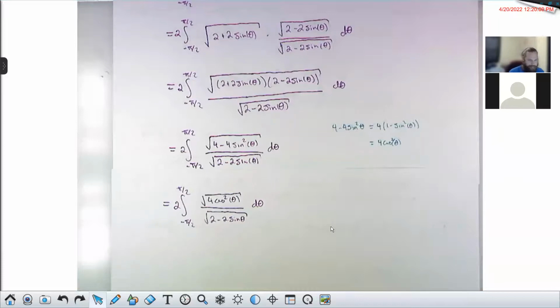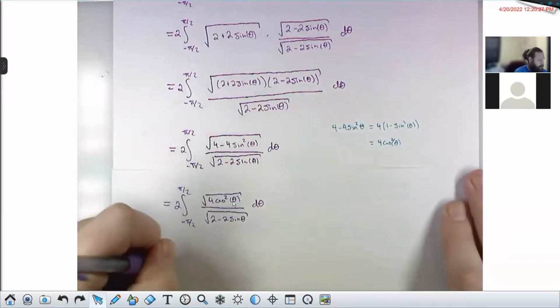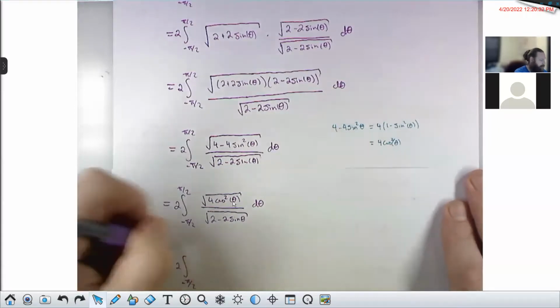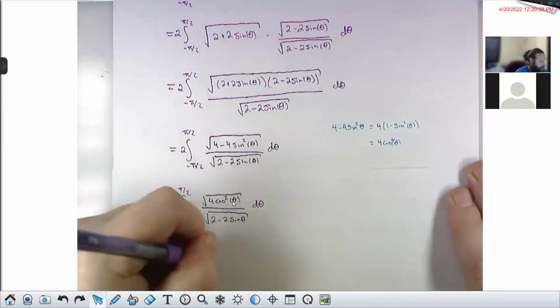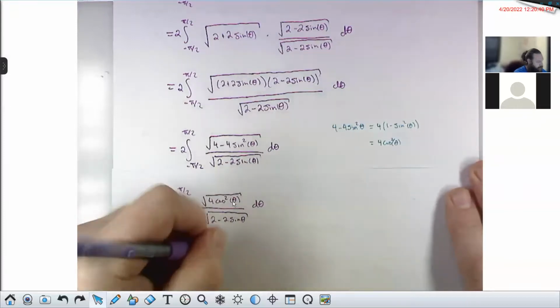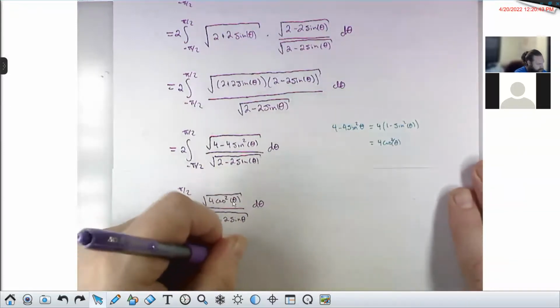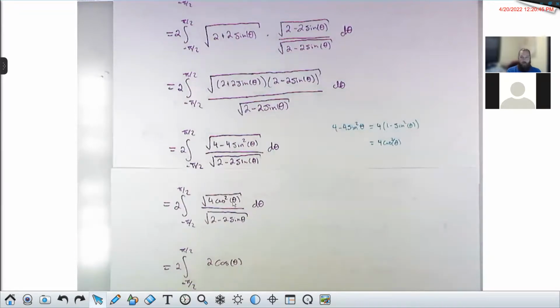Here's the sneaky bit. The reason the symmetry here is so important when I'm integrating from negative pi over 2 to pi over 2 is that cosine is positive there. And in order to say the square root of cos squared is cos, I need cosine to be positive. So this is a case where using the symmetry is almost necessary. There are other ways to go about this, but in order to simplify the top the way we want, to say the square root of 4 cos squared theta is 2 cos theta, I need to know that cosine is positive.